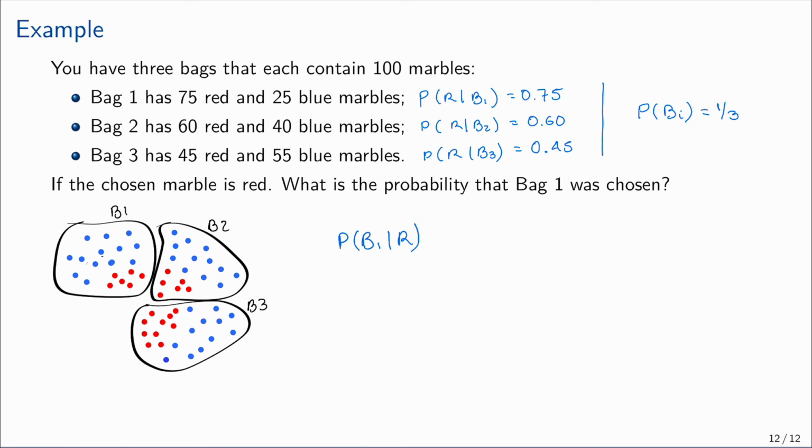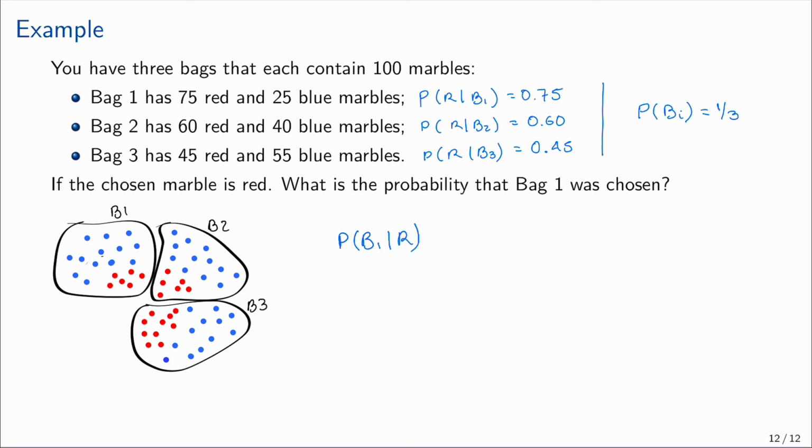We could try to do it in the traditional way. We need to find the intersection of these two. We can use the law of total probability maybe, but we are going to use Bayes' rule. So we express this conditional probability in terms of the swapped parameters.